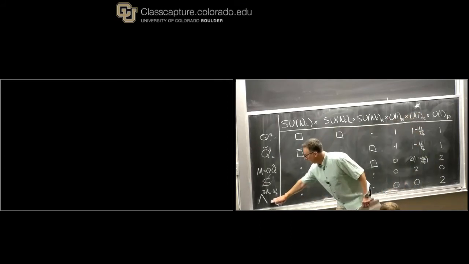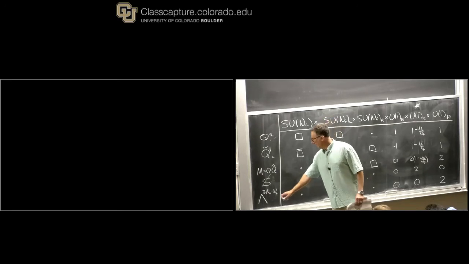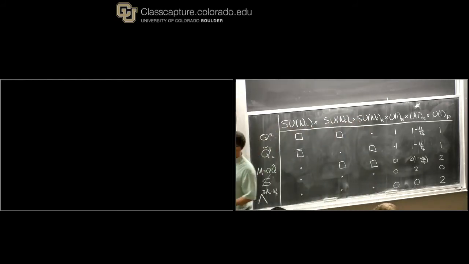And then this is this holomorphic version of the gauge coupling that I mentioned, this Lambda to the 3NC minus NF. And I'm assigning charges to that because, I guess I erased it, but maybe it's here.